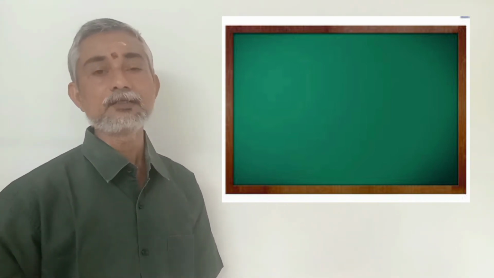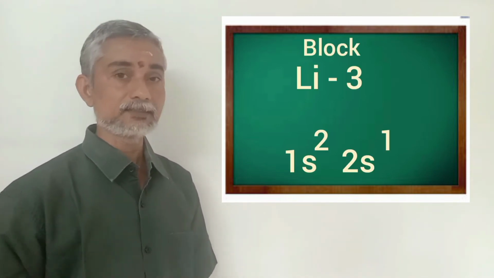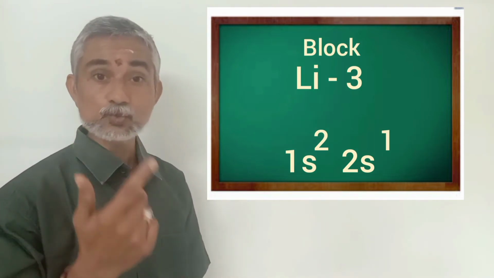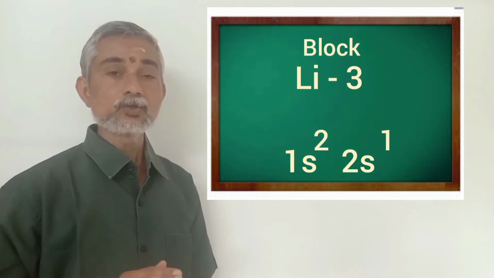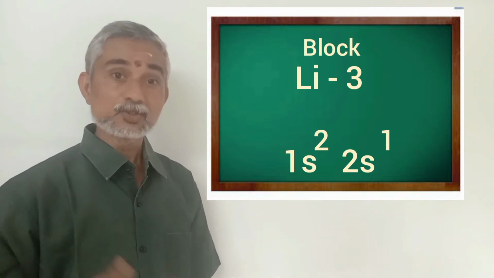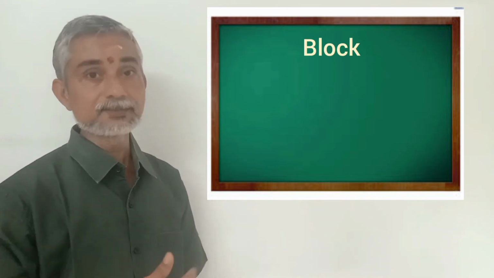For example, lithium, atomic number 3, electronic configuration is 1s2, 2s1. So the last electron comes to the s subshell, so it belongs to the s block. Look at another example.